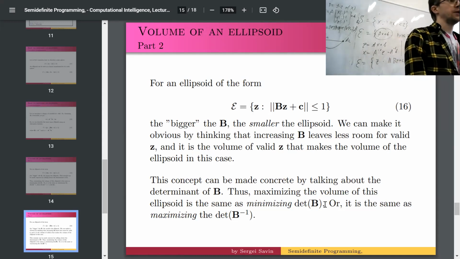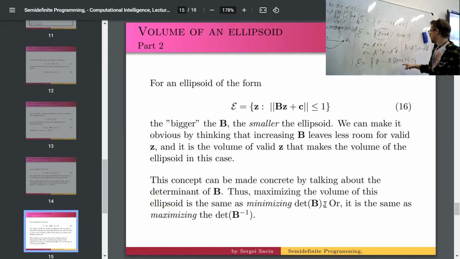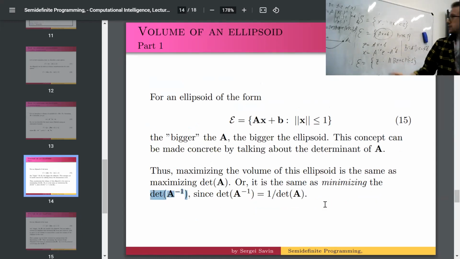So previous point, right? That is very useful. So we want to maximize volume, just minimize the determinant of B. And by the way, if we want to minimize volume, we can get back to this representation and try to minimize the determinant of A. So for minimization, use this representation. For maximization, use this representation. Sounds good so far.